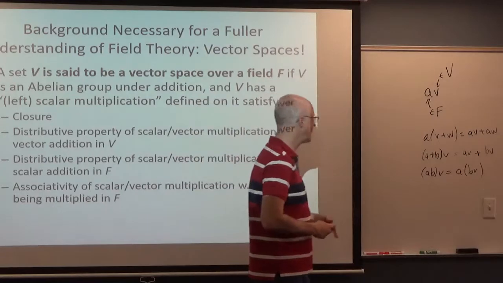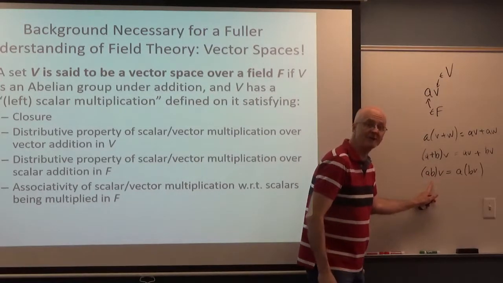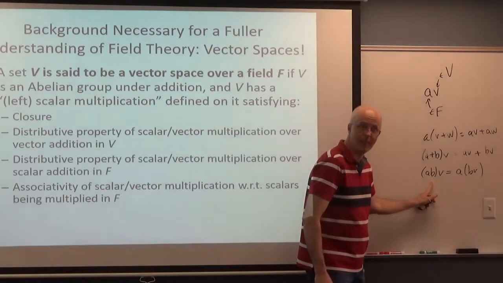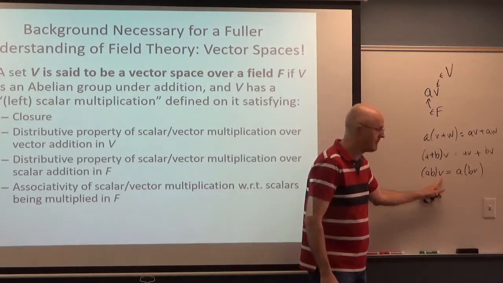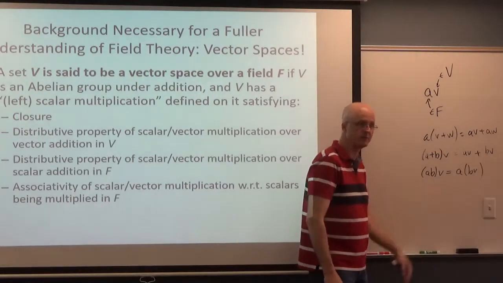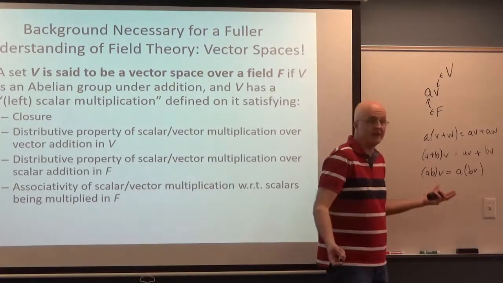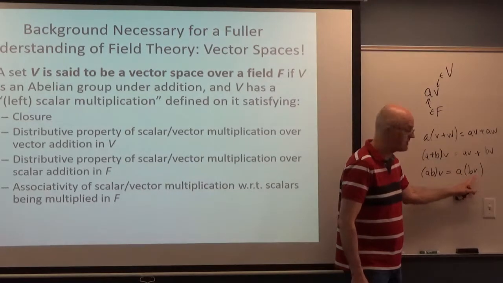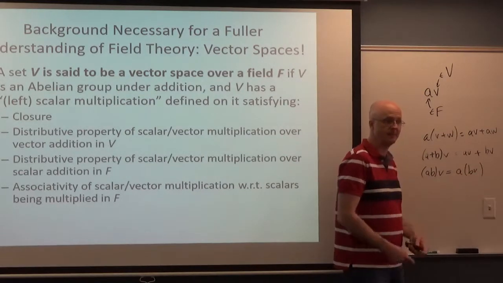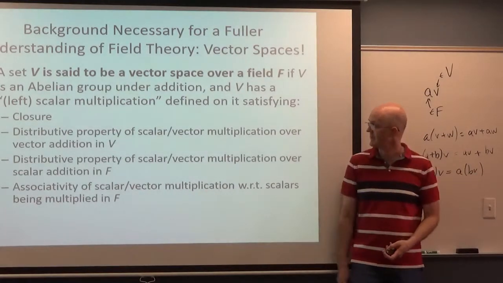Again, realize what's going on here. This is a product in the field F. a and b are field elements. This is a times b in F. Times the vector, this is the scalar slash vector multiplication, giving you, in the end, a vector. That scalar slash vector multiplication here, same with this, but you get the same thing. That's what that property says, associativity.